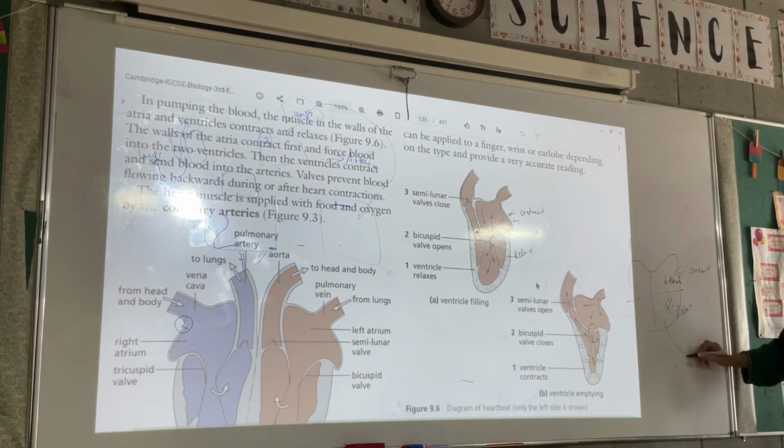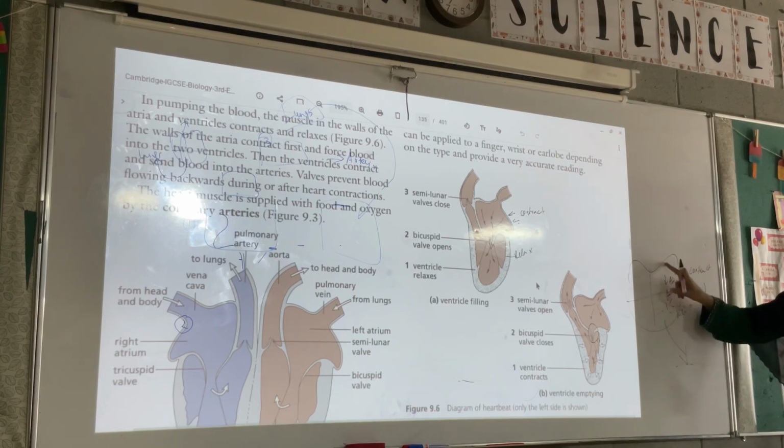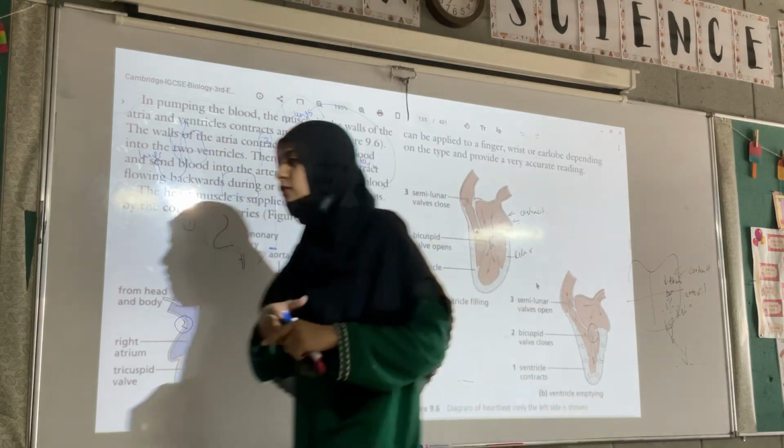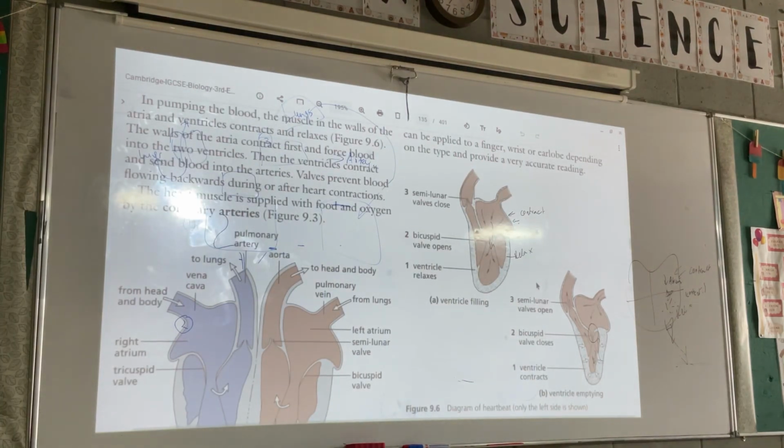From the ventricle, at that time the bicuspid valve will close, so that when it's contracting it doesn't push it back, to prevent the backflow. And then the semilunar valve will open to allow the blood to go further. Understand? Yes. Okay, so this is the working of the atrium and ventricle.